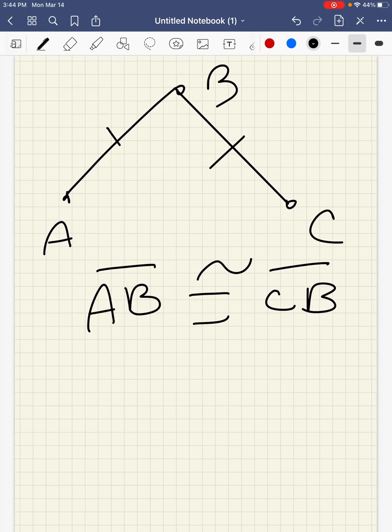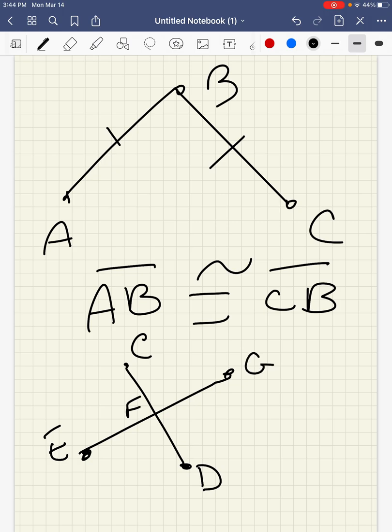All right, so the example down at the bottom of the page, we have these two segments that intersect. And this is C, D, E, F, G. And it tells us that CD is 2 centimeters, and DF is also 2 centimeters.